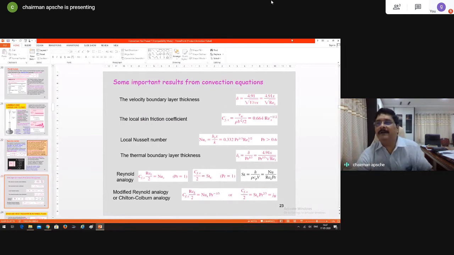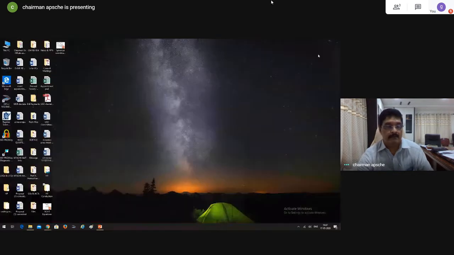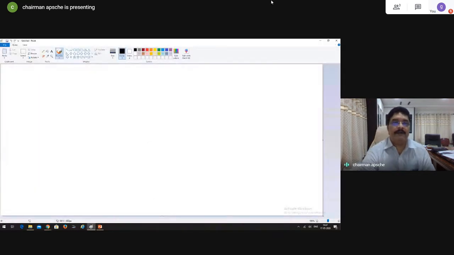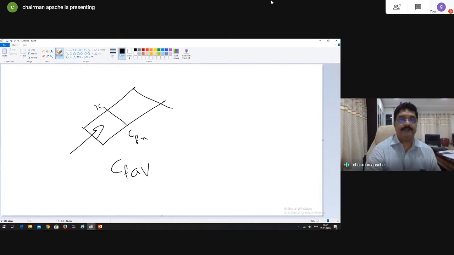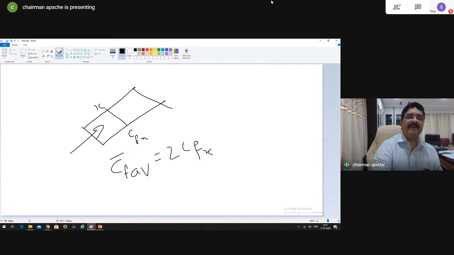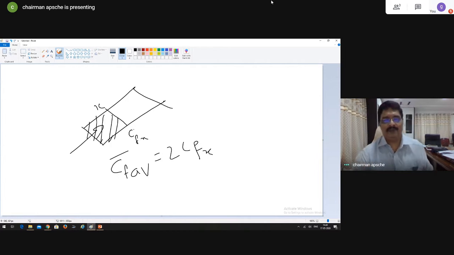Meaning, I have a plate like this, Cf average is equal to 2 Cfx. If you want the average value, you multiply this with 2, and you get the average skin friction over this area.